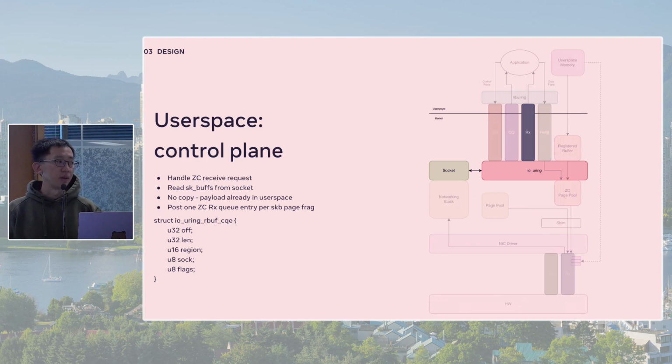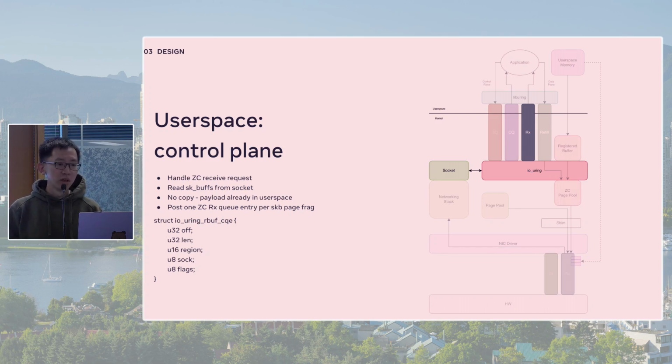We also tag the user space pages that we registered for zero copy with a special cookie that tells us, okay, this is a zero copy page. To handle the request, we don't need to do any copies here, right? The data is already in user space, already been DMA'd there. So really, this is more of a notification mechanism to tell user space, hey, go look here for the data that you actually want.